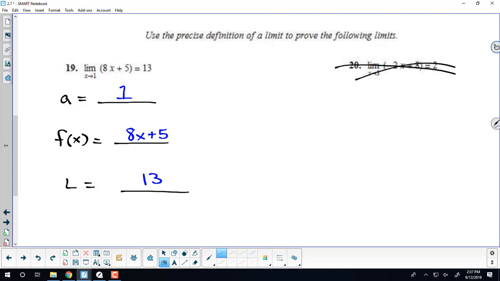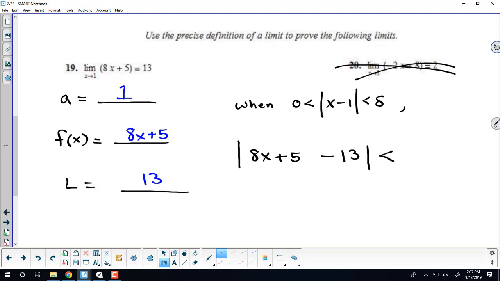And now that we've identified the f of x, the L, and the A, we're going to say that according to the definition, when 0 is less than the absolute value of x minus A is less than delta, so whenever that happens, the absolute value of f of x minus L is less than epsilon.